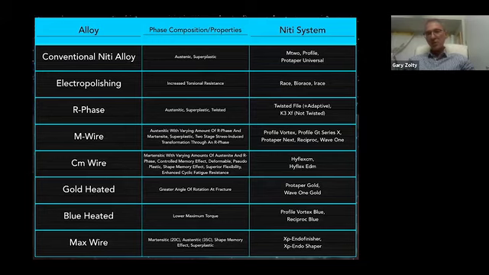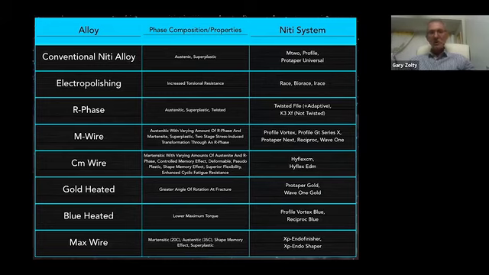It's the ProTaper Gold or Wave One Gold. Blue heated can only go up to a very low maximum torque, for example the ProFile Vortex Blue and the Reciproc Blue. Max wire is martensitic at 20 degrees and austenitic at 35 degrees, has shape memory effect, superplastic. That's the XP-endo Finisher and XP-endo Shaper.